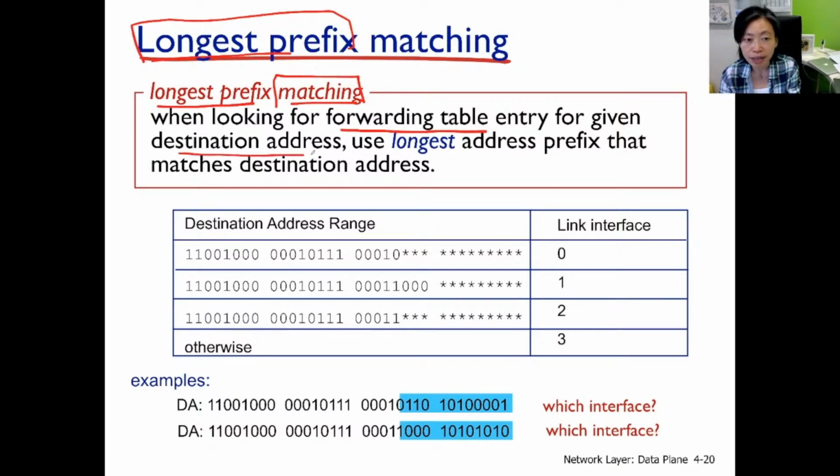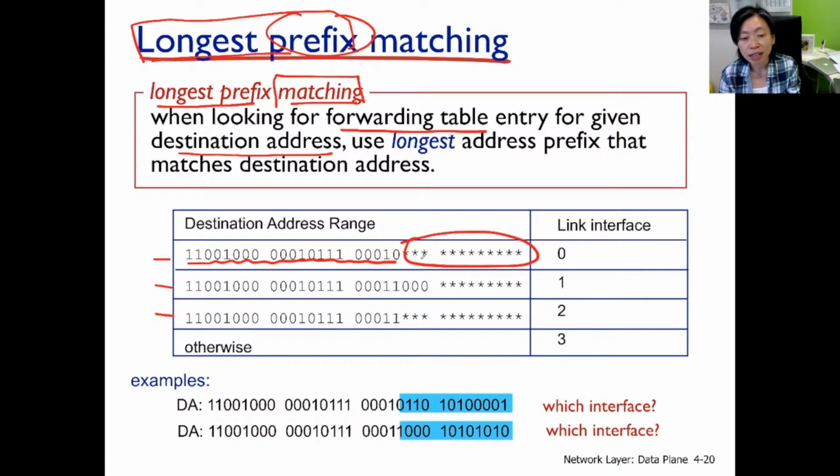Given the destination address, we take this address and match the entries here. This time we don't have one entry per IP address. It's an aggregated entry, the prefix. So what you're seeing here is we only specify the first part of the IP address and leave the rest general.